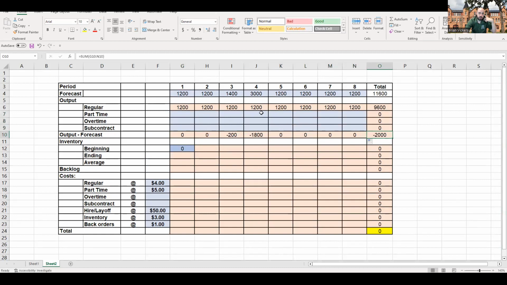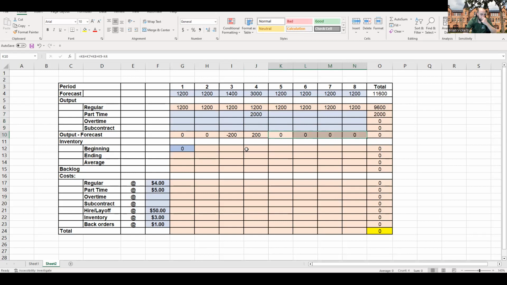So once I know that the value is 2,000, I know that I'm going to make 2,000 units here. So they're not available. Ideally, I would love to make extra units earlier and not have backlog, but it seems unavoidable because I have to train them for a month and then they make 2,000 units one time and then I'm caught up.